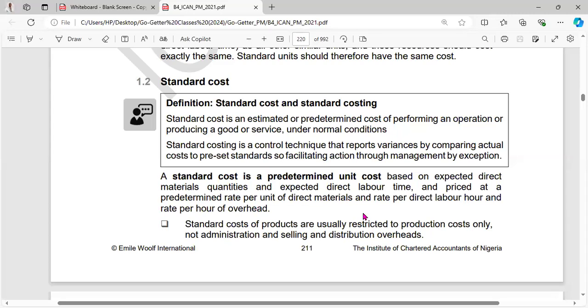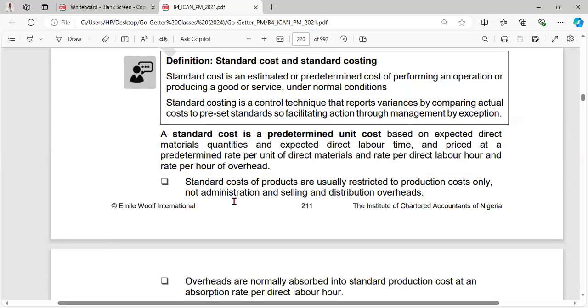If I say I want to budget for 10 students for a loaf of bread, I've used the word budget. I want to budget for a set of 10 students. That means I'm going to use a predetermined standard cost and just multiply by volume. So budgeted cost is built from standard. I want you to bear that in mind as we move along.